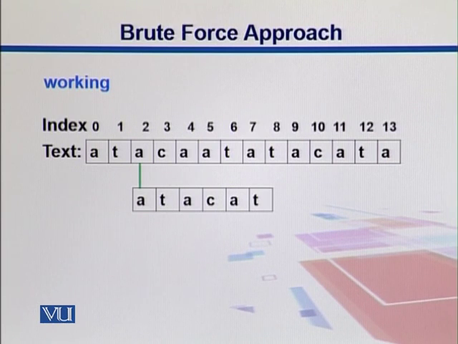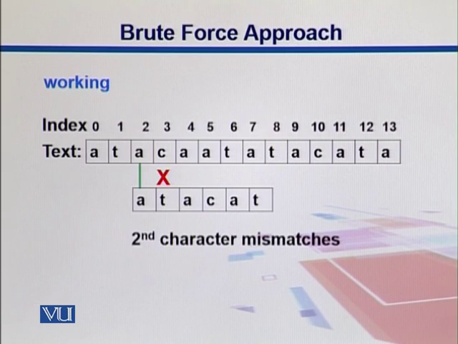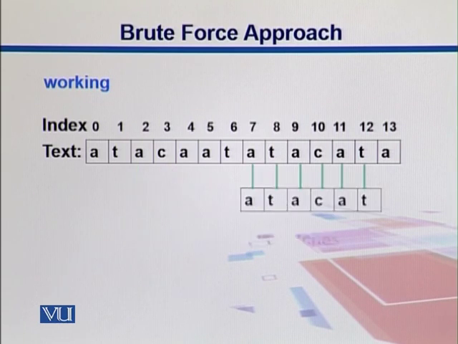That is actually index number 2, since our loop starts with 0, so please keep track of it. Then we see that the third character mismatches, the second in the pattern and the fourth in the text. We keep on moving the pattern 1 nucleotide ahead.